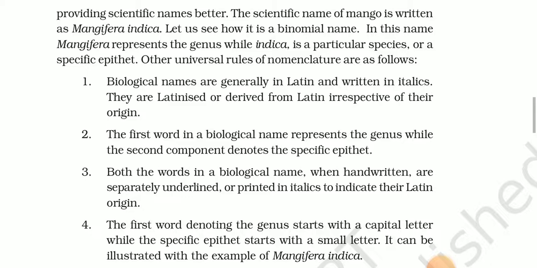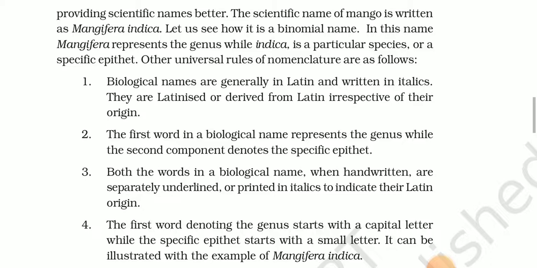So a binomial name has two components, a generic name and a specific epithet. We'll see it with the example of mango. The scientific name of mango is Mangifera indica, where Mangifera represents the genus name and indica represents the species name.